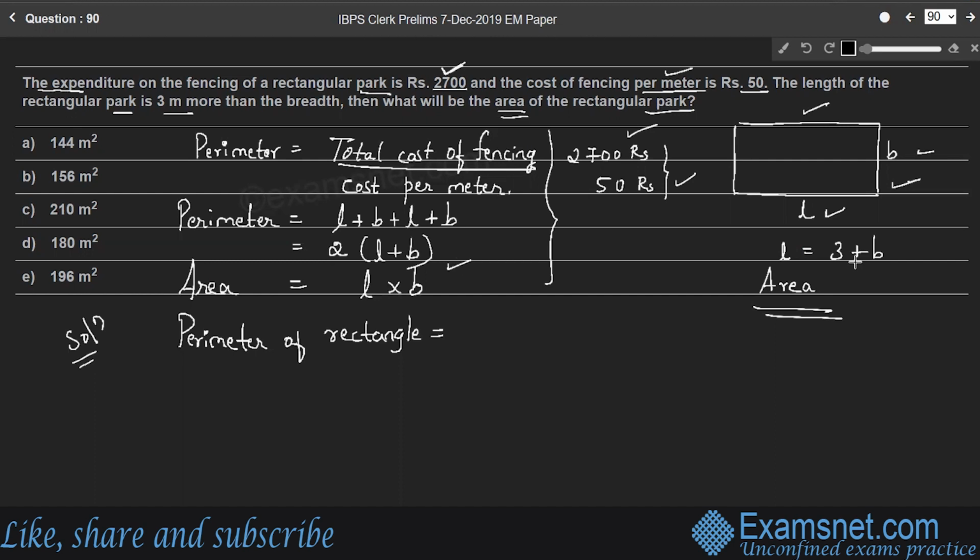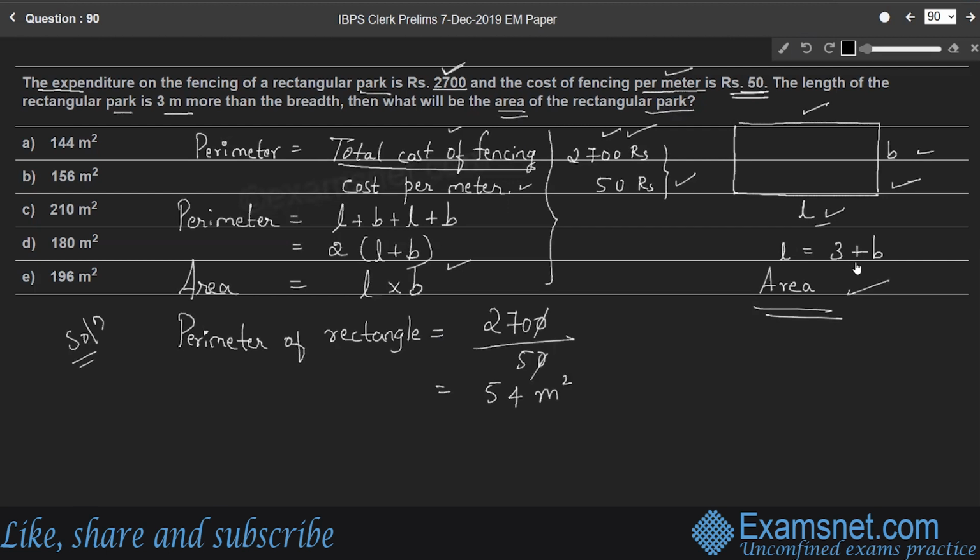So using length and breadth, we are going to calculate the area of the rectangle. Right. So perimeter of the rectangle is equal to total cost of fencing is given, which is 2,700 rupees divided by cost per meter is given, which is 50 rupees. Therefore, it is 54 meter.